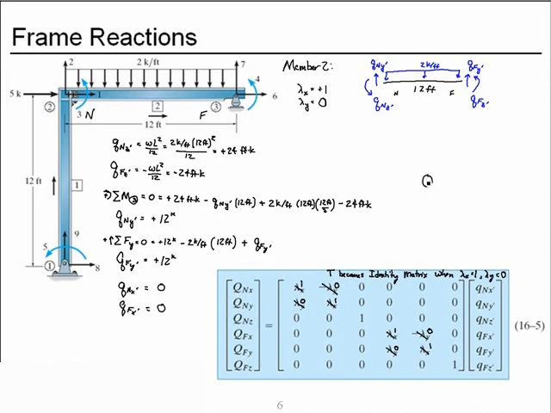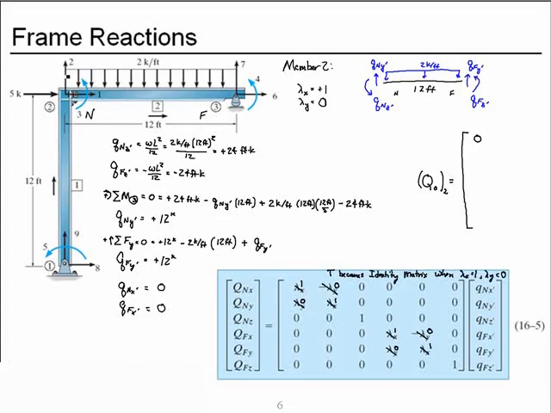But let's assemble Q0 for member 2 here so that we can see it. And what we said is that they're already in the right coordinate system, or the same coordinate system as the global system, and so degree of freedom 1, this one, we said is 0.